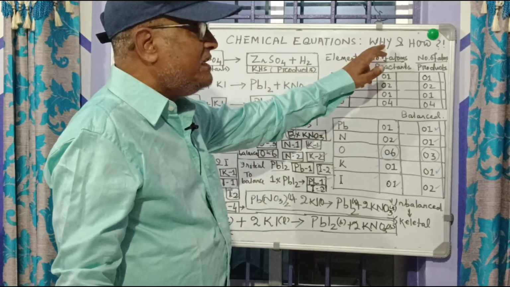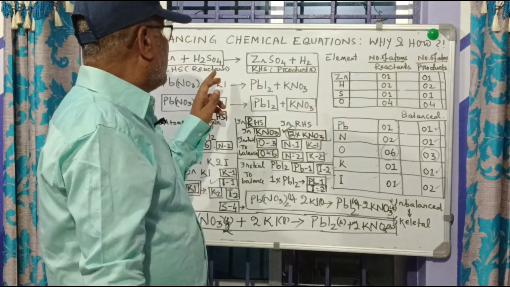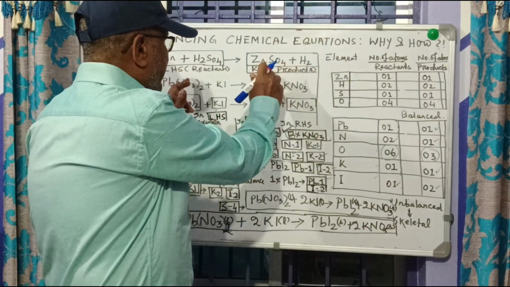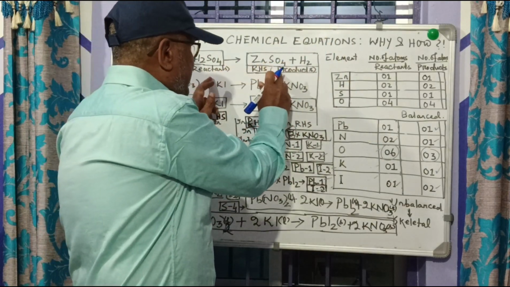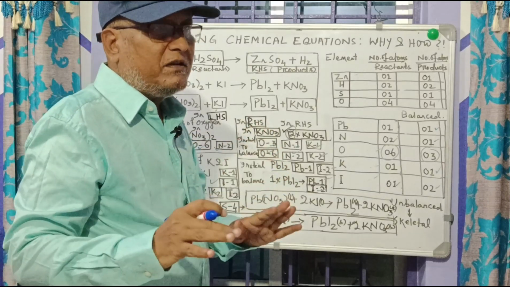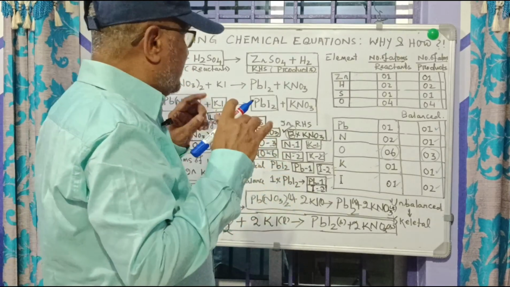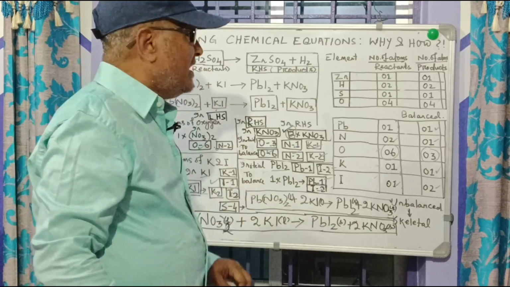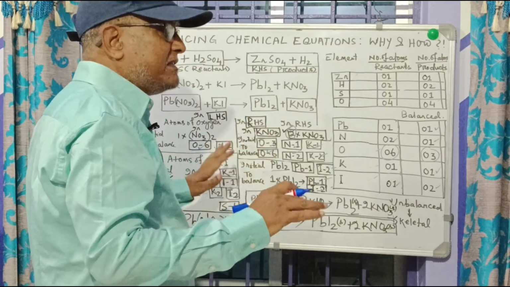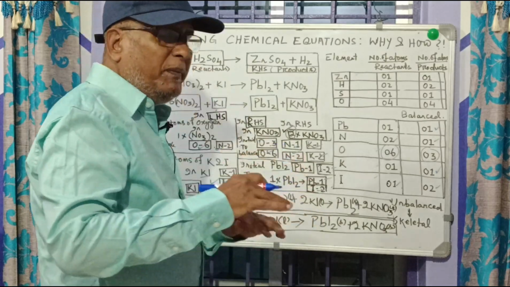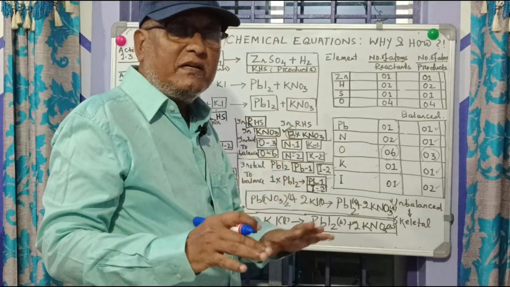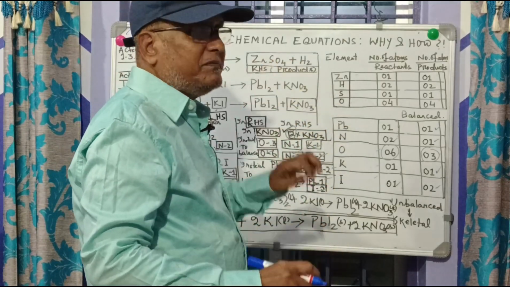So let us check whether this chemical reaction is balanced or not. How to check? The principle is that the number of atoms of different elements in the reactants should be equal to the number of atoms of different elements present in the products.